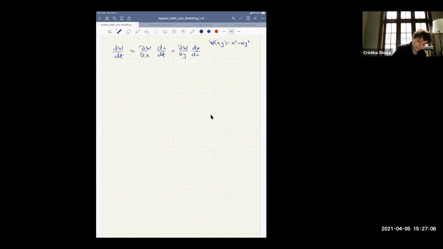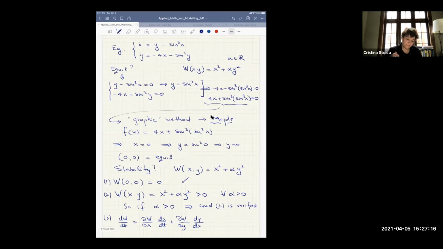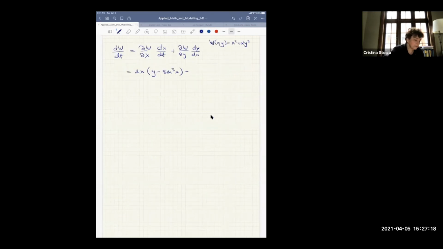Okay, so this will be 2x times, now dx/dt is y minus sine 3x, yeah? Plus dW/dy, it's 2 alpha y, and then minus 4x minus sine 3y.